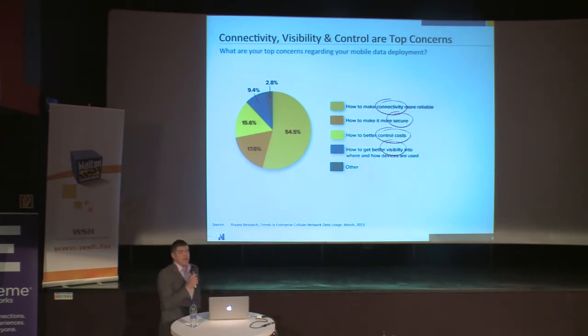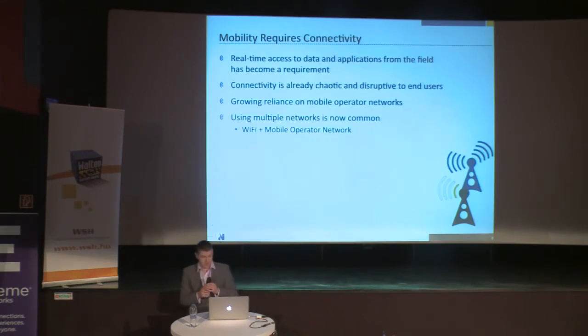It's making sure that the connection is reliable for the mobile workforce, be it a police department, firefighters, or a transportation company. Connectivity is always a problem. We have 4Gs, 3Gs, paid Wi-Fi, open Wi-Fi. How to make it more secure, how to control the cost, and how to have visibility into this.